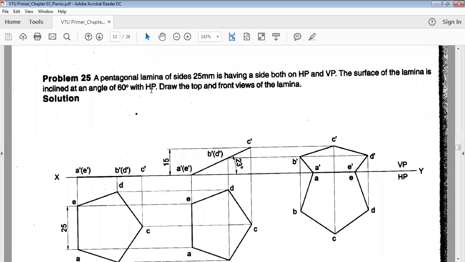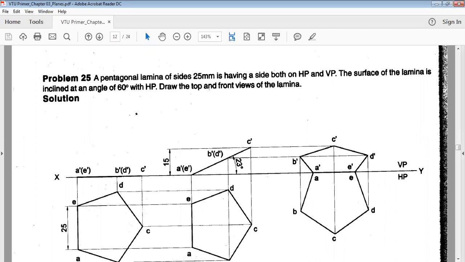The surface of the lamina is inclined at an angle of 60° with HP. Draw the top and front view of the lamina. So a pentagonal lamina, again 25 mm is given, is having a side both on HP and VP. The surface of the lamina is inclined at an angle of 60° with respect to HP.